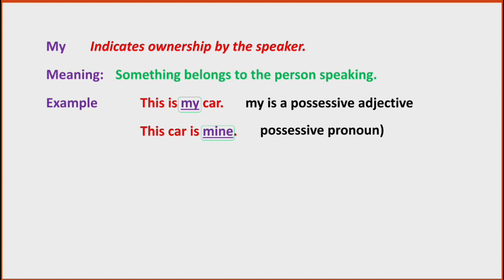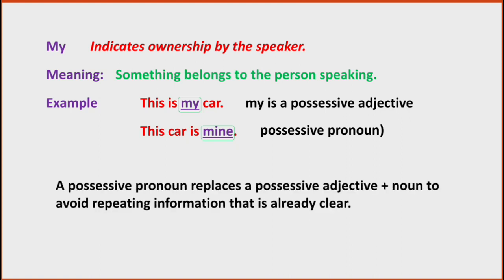Mine is a possessive pronoun. Look at the difference between these two sentences. This is my car. My is a possessive adjective. This car is mine. The word mine comes at the end of the sentence. So this is a possessive pronoun. A possessive pronoun replaces a possessive adjective plus noun to avoid repeating information that is already clear.